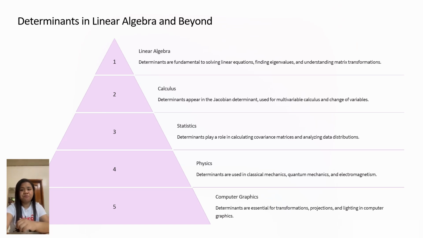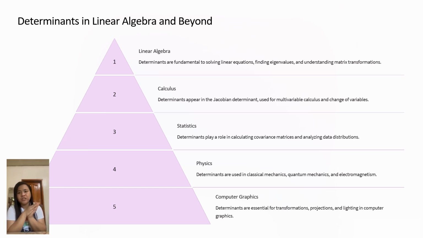When solving linear systems, determinants play a crucial role in Cramer's rule. I know you are familiar with Cramer's rule, which has been discussed by the previous reporters, and which provides an explicit formula for the solution of a linear system using determinants. We also have the eigenvalue problem, where the determinant is used in the characteristic equation to find the eigenvalues of the matrix.